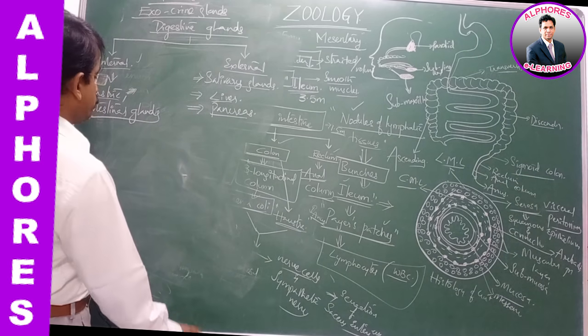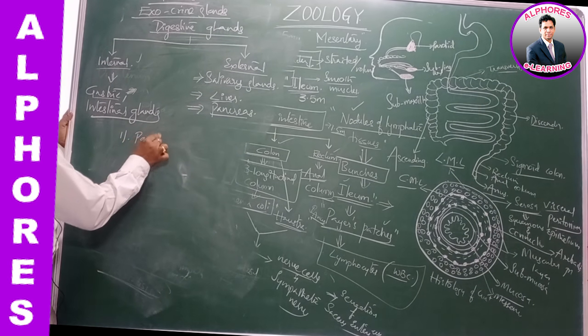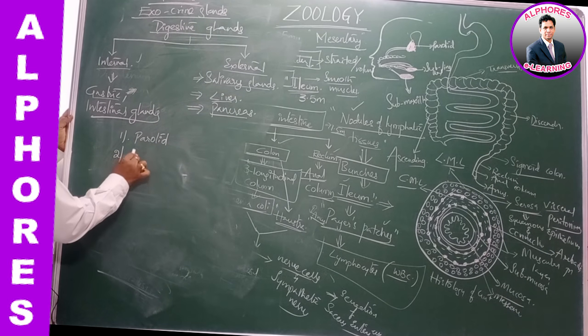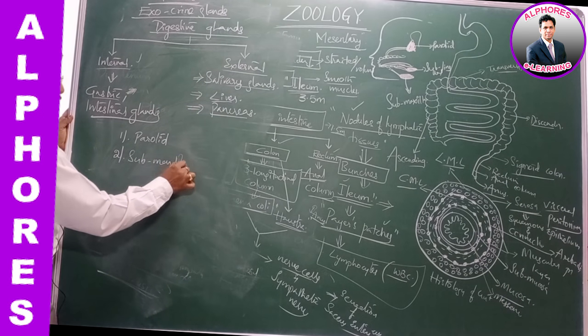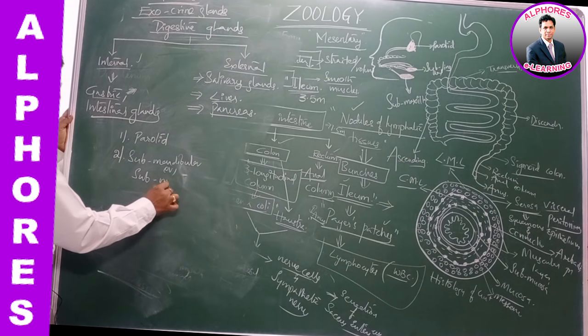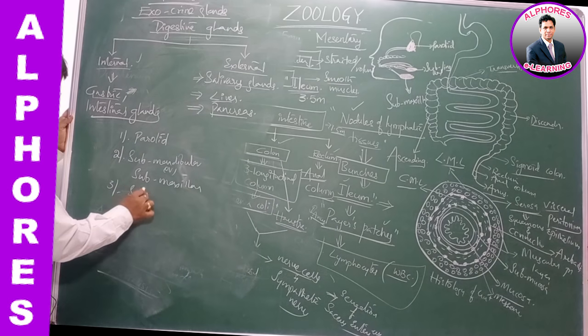In human beings, there are the parotid glands, next the submandibular or submaxillary, and the third one is sublingual.